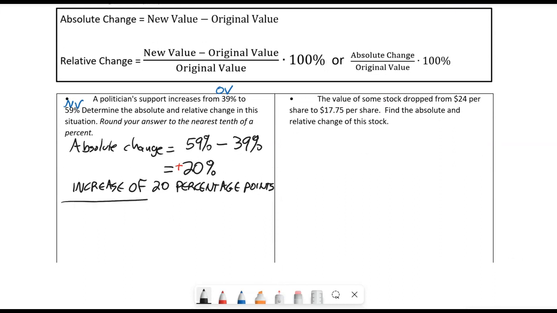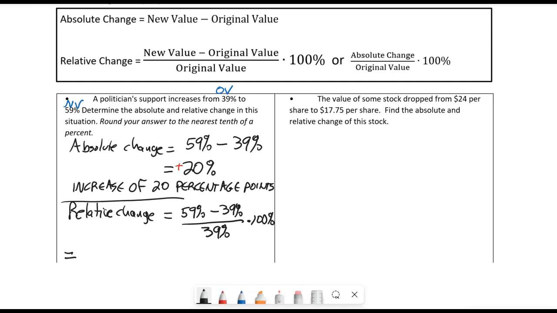Now for the relative change, we have everything we need identified. It's new value minus original value, all divided by original value, times 100%.